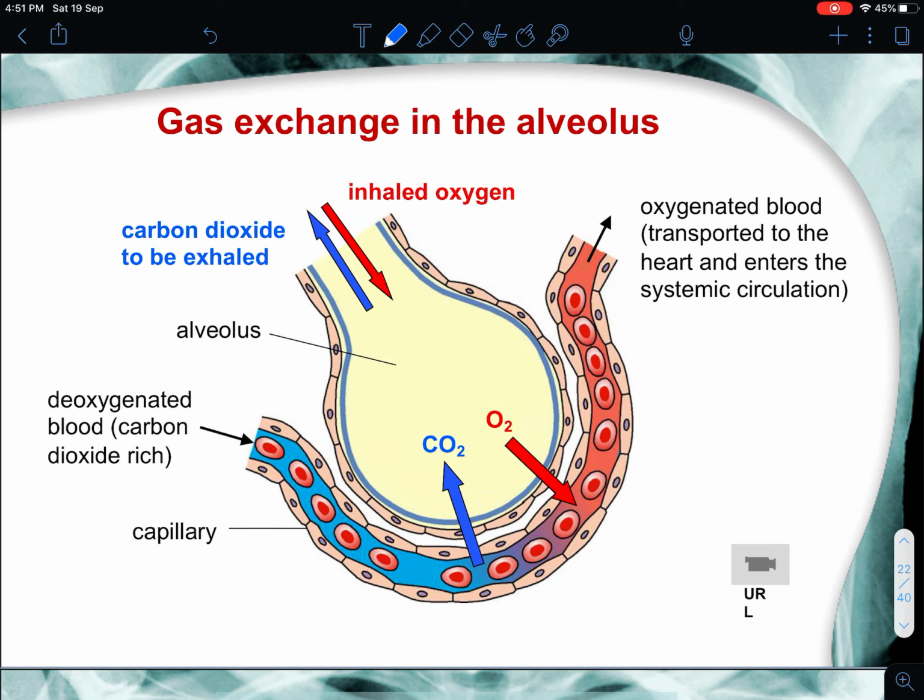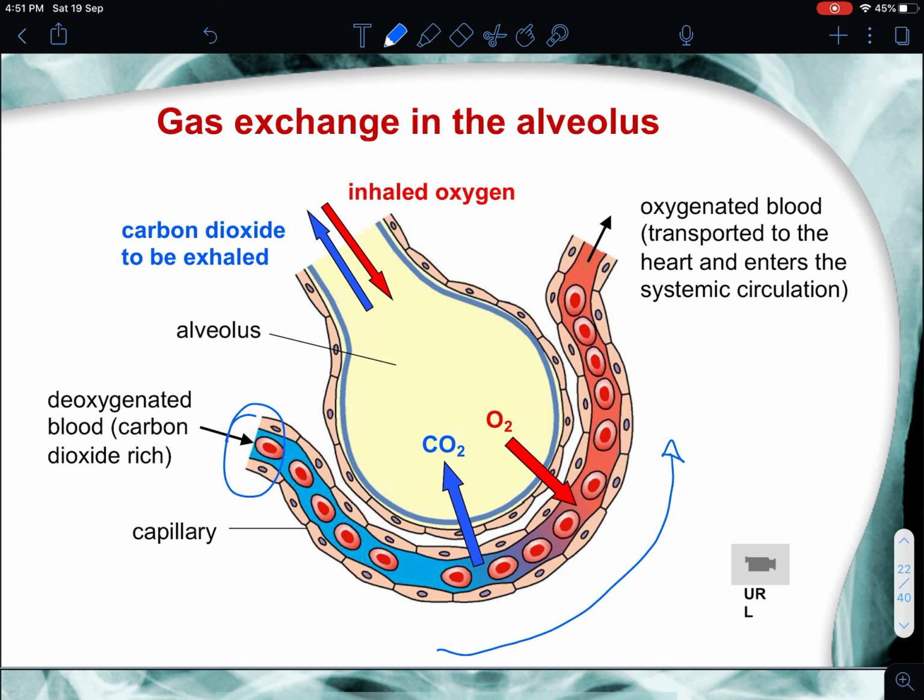Next is the direction. Do take note that carbon dioxide tends to come in from this area of the alveoli first, depending on the direction of the flow, if it is in this way. Why? This is because the blood vessels coming from here tend to come from the pulmonary artery, where the blood is deoxygenated. The cells have already used the oxygen, therefore it's deoxygenated, channeled to the lungs for exchange.